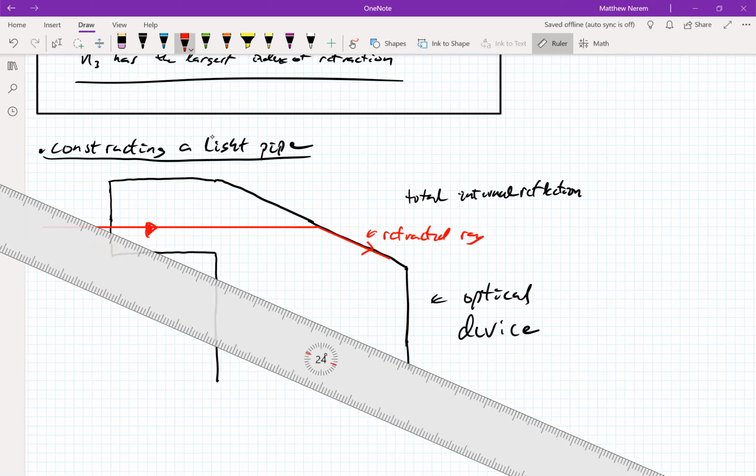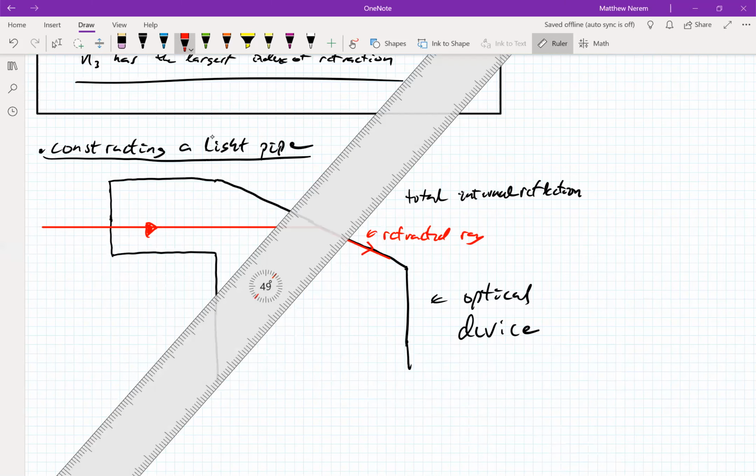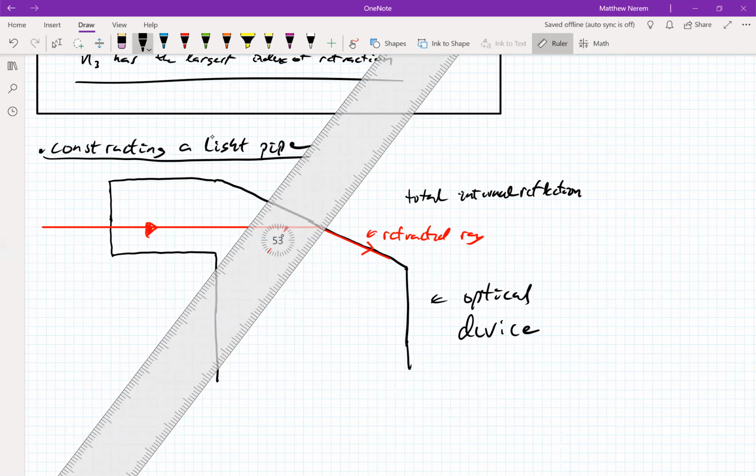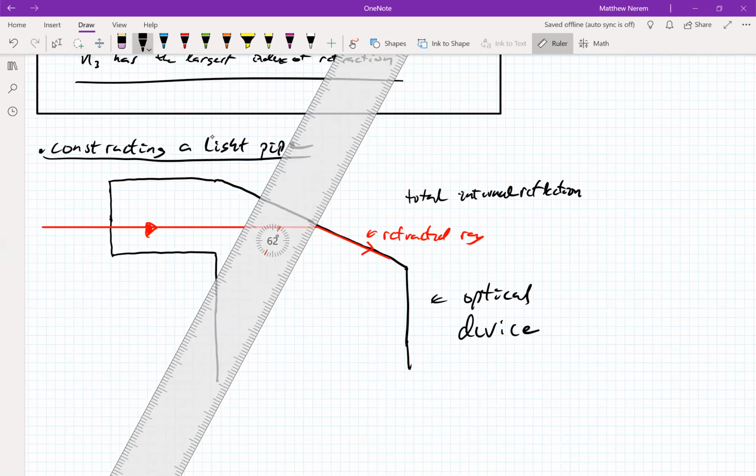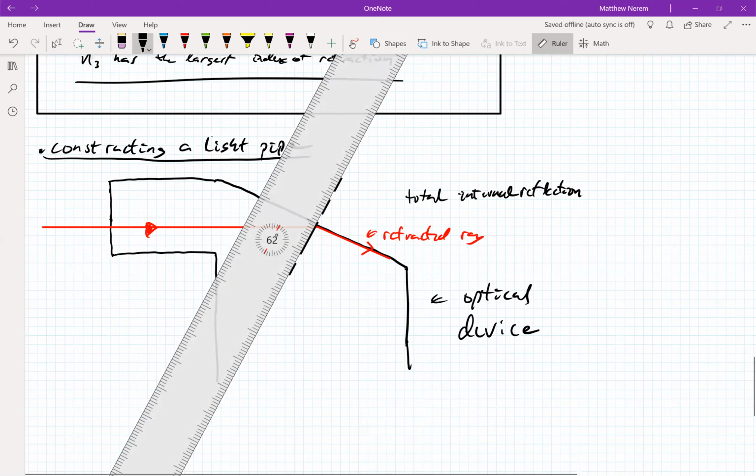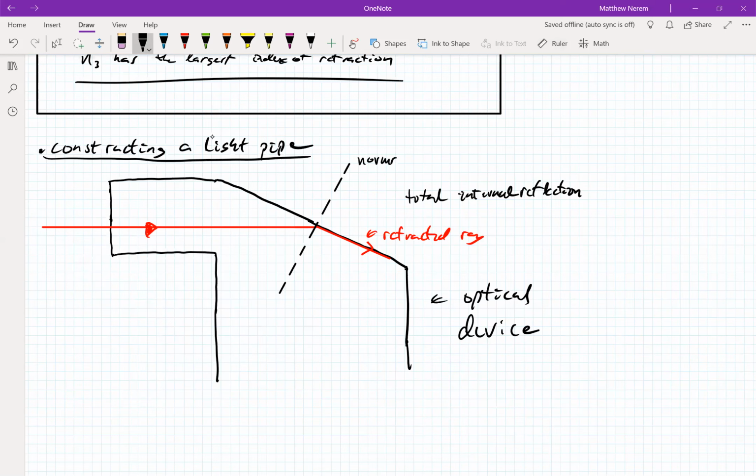And therefore we only see the reflected ray. So let's draw the normal line. It's going to be about that. So here's the parameter that we're controlling.